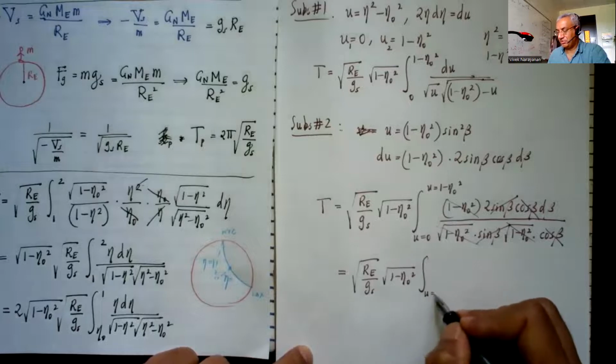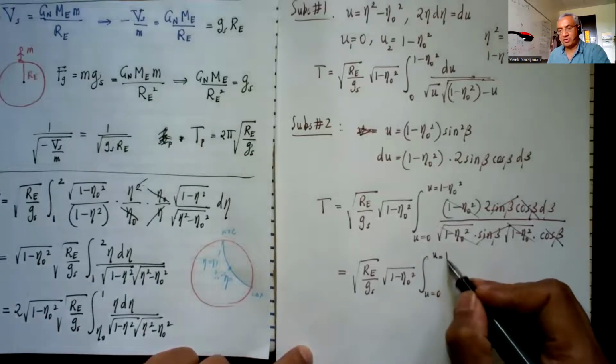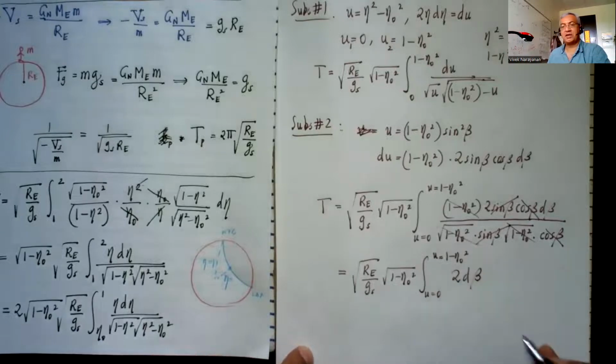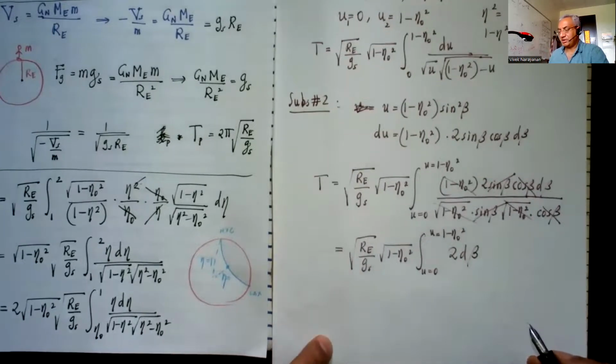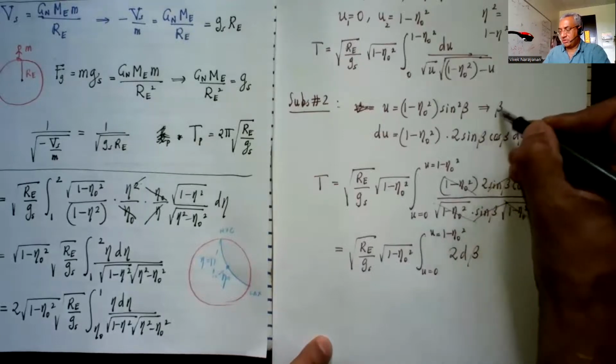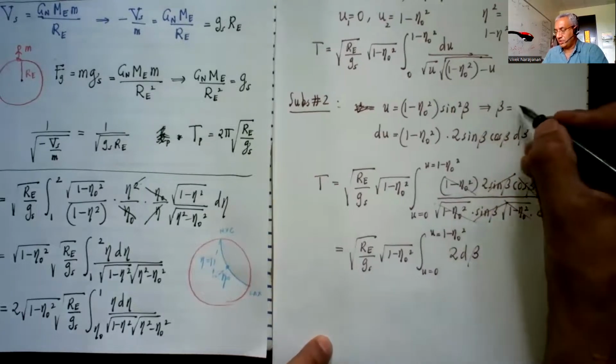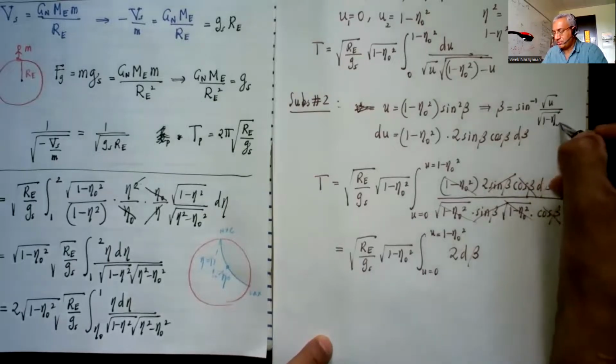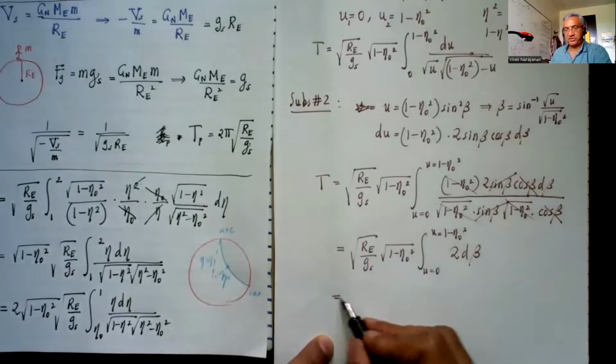That's the integral from u equals 0 to u equals 1 minus eta naught squared of 2 d beta. Well, that's just 2 times beta, and beta is just arc sine of the square root of u over the square root of 1 minus eta naught squared. So that's our answer.